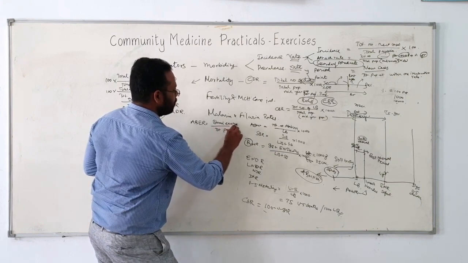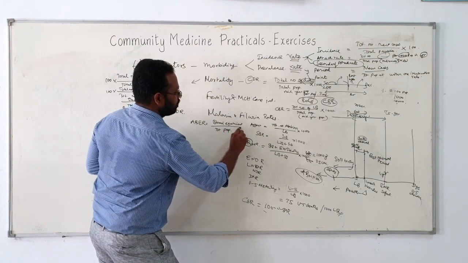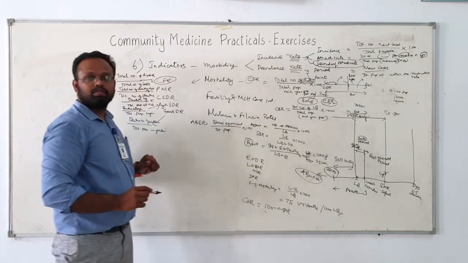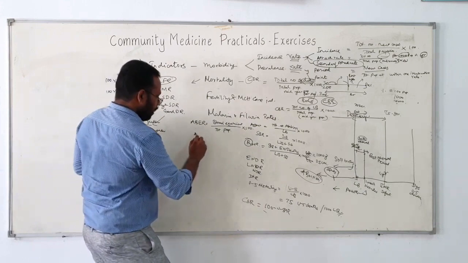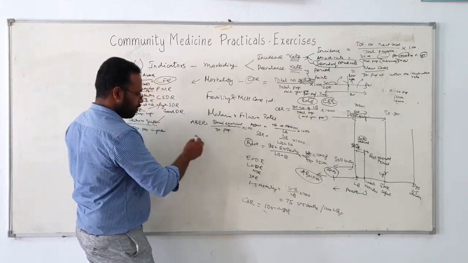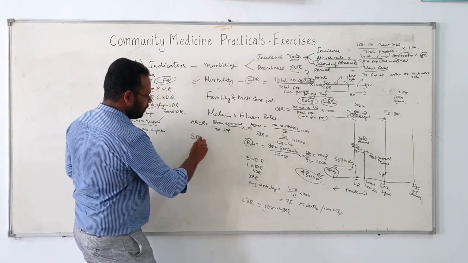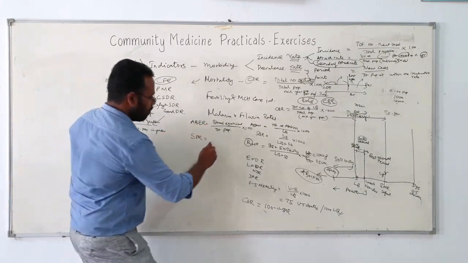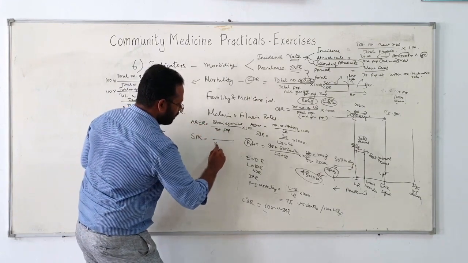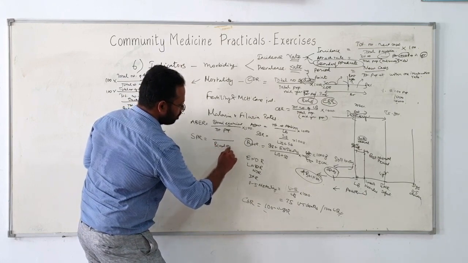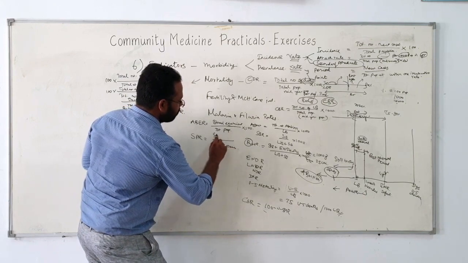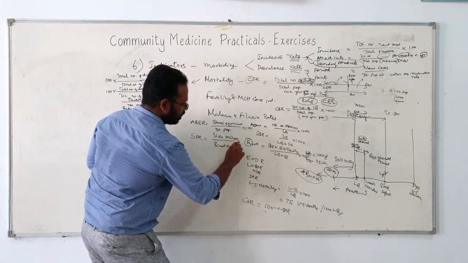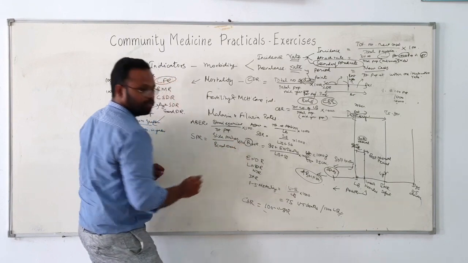This is called annual blood examination rate, and it is expressed in percentage. The next indicator is slide positivity rate. Out of the total blood examined, how many are slide positives? Again, you express this in percentage.